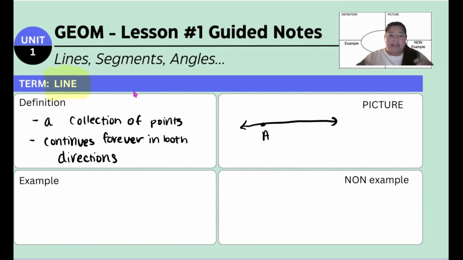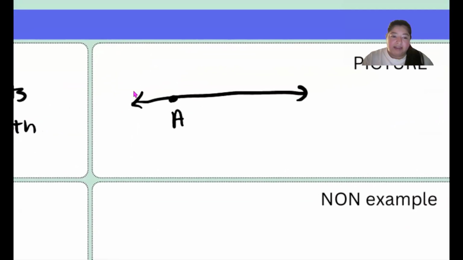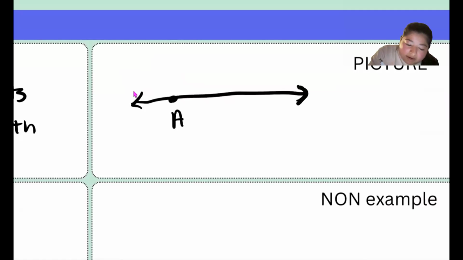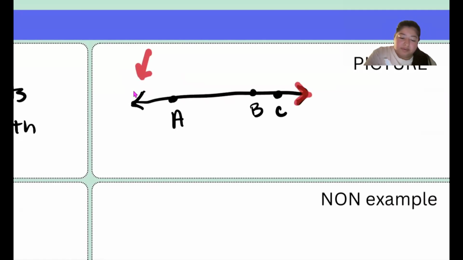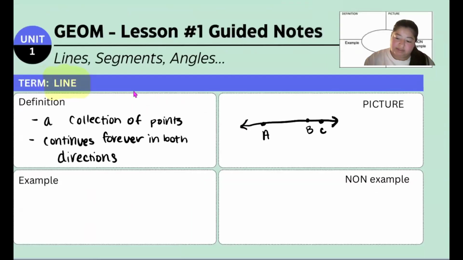What am I drawing at the end of this line? I am drawing 2 arrows. The arrows signify that it goes on in both directions. So let's say I have B, I could have another point C. This is our line. And because it has these 2 arrows, we know that it extends infinitely in both directions.